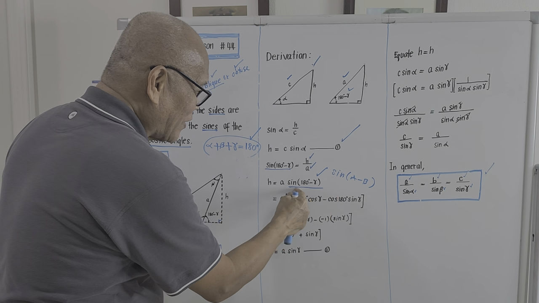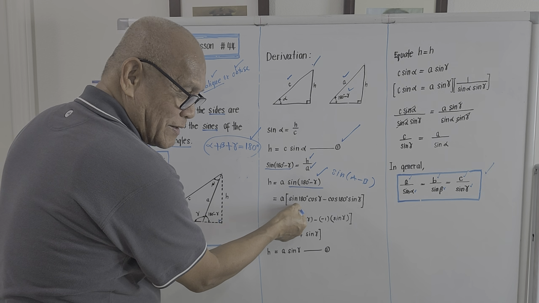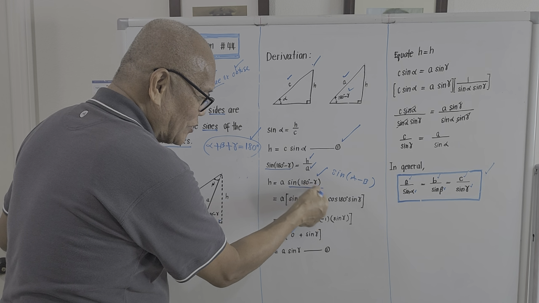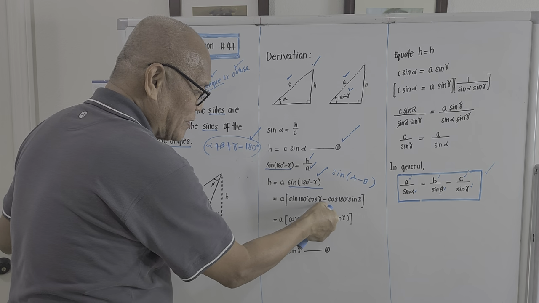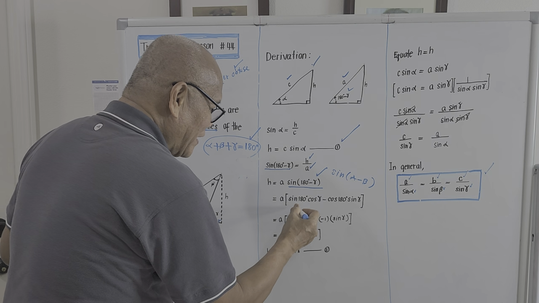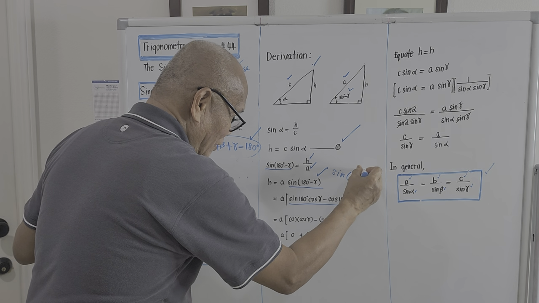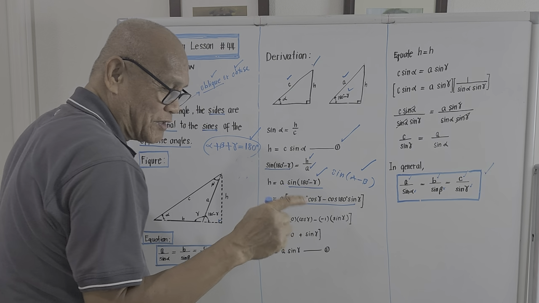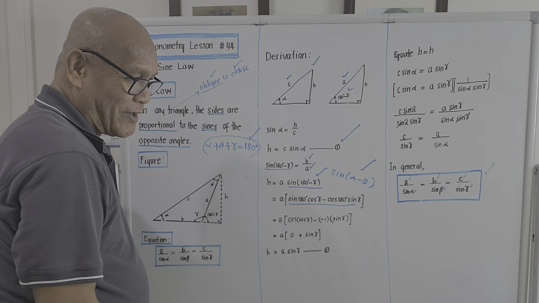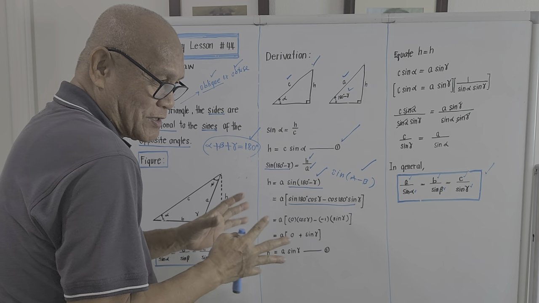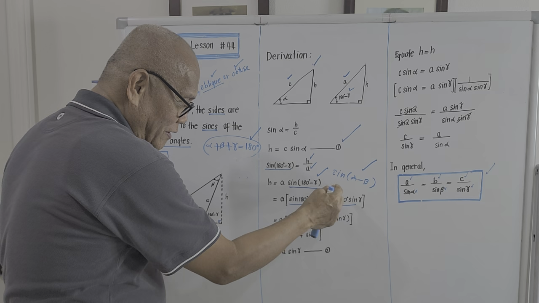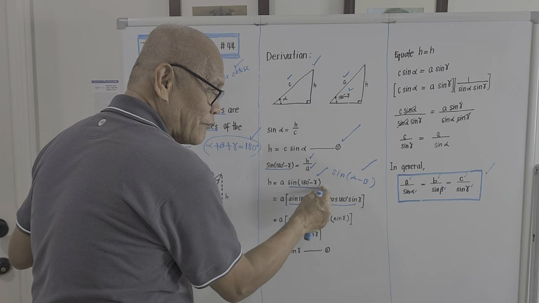So if we expand this one, it will be sine of 180 cosine of gamma, minus cosine of 180 sine of gamma. This one here emanates from the expansion of the so-called sine of the difference of two angles. That's why before we proceed with the study of oblique triangles, we passed by the expansion of this one, because we needed it to simplify this one.